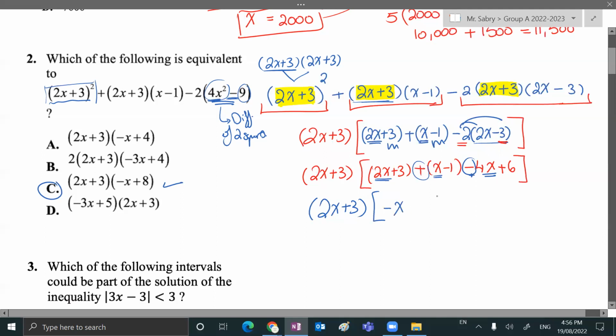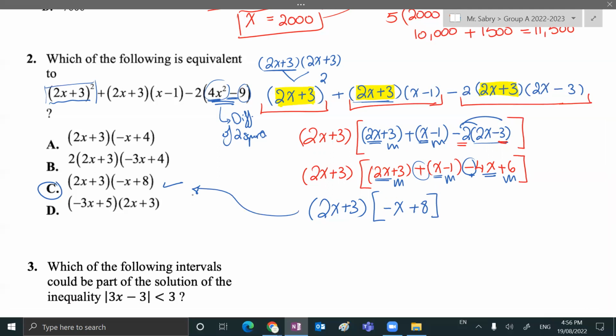These are the like terms here. There are also other like terms, the ones without the x's, which are the 3 and the minus 1 and the positive 6. 3 minus 1 will become 2, and then 2 plus 6 is 8, so I added 8 here. And that's how I got these two brackets. Does that make better sense? Did I actually answer the question?